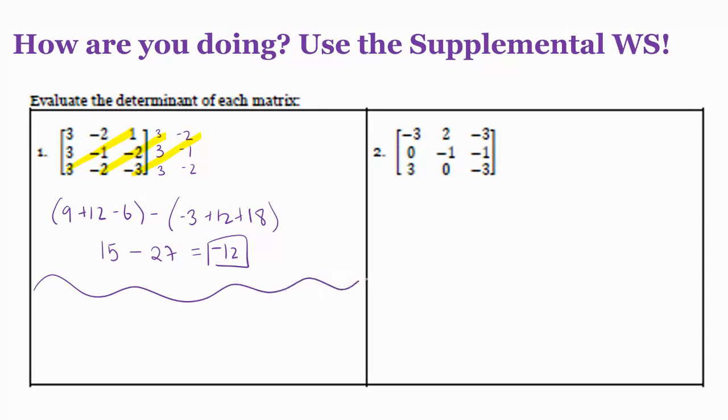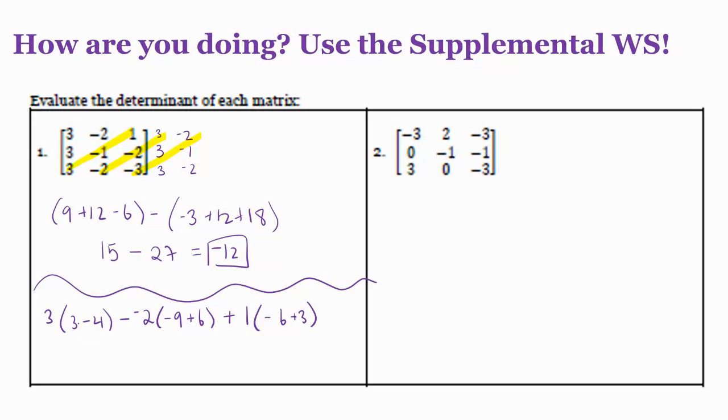Right, if you did it the other way, you're going to be doing 3 times 3 minus 4 minus negative 2 times negative 9 plus 6, and then plus 1 times negative 6 minus plus 3, right?